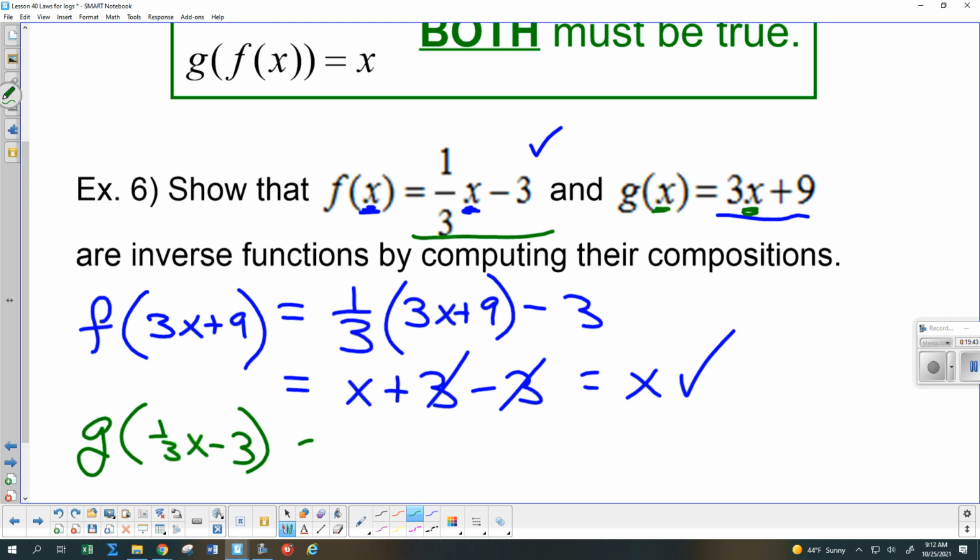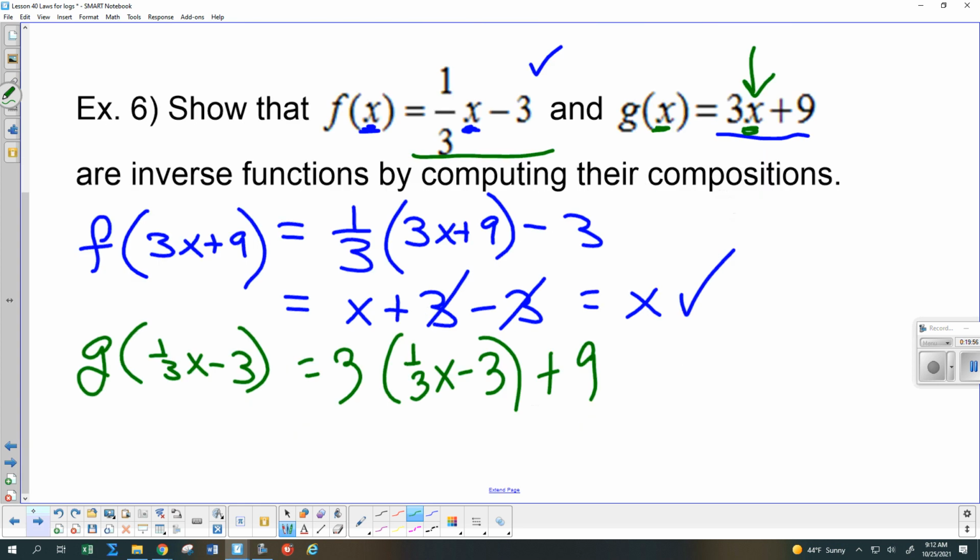So we're going to keep the 3. We're going to put, for this x, 1/3 x minus 3. And then we're going to keep the plus 9. We're going to show the work, distribute the 3, and we have x minus 9 plus 9. The 9's cancel. And again, we have x.